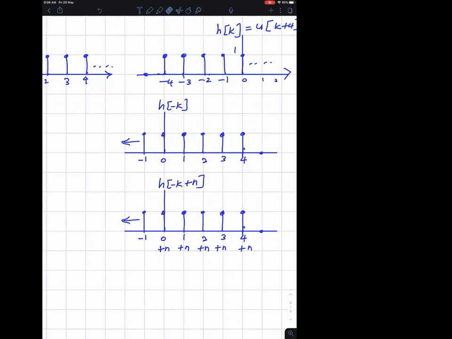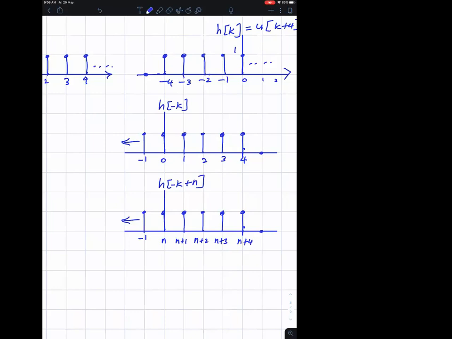Okay, so when you add n, all this becomes n plus 4, n plus 3, n plus 2, n plus 1, n plus 0. For now, we don't know what n is.